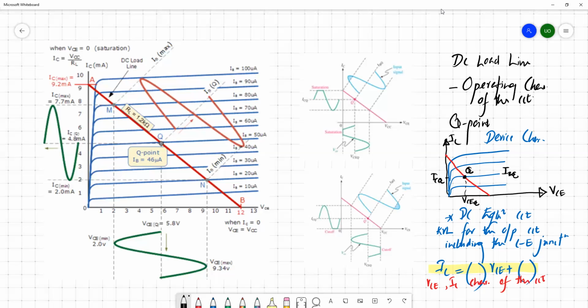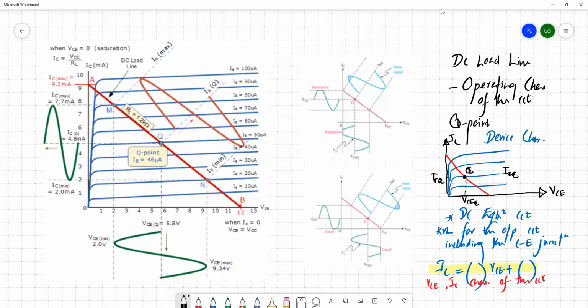For this particular example, I need to explain a few things. These blue lines represent the device characteristic of the given transistor, and this red line represents the DC load line. From this we can do a simple demonstration of how this works.